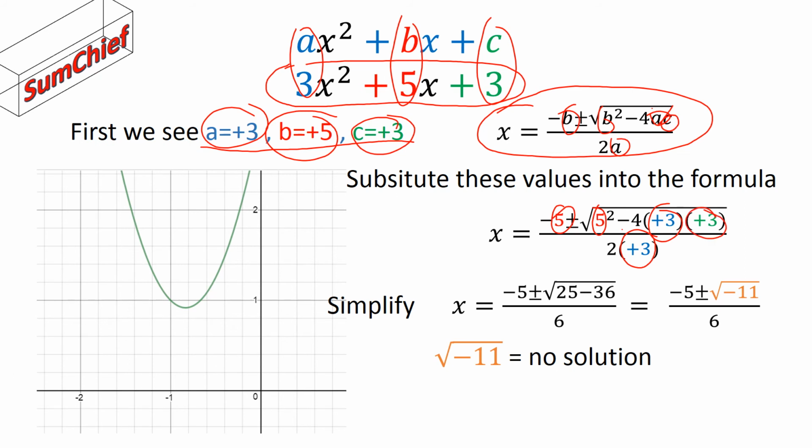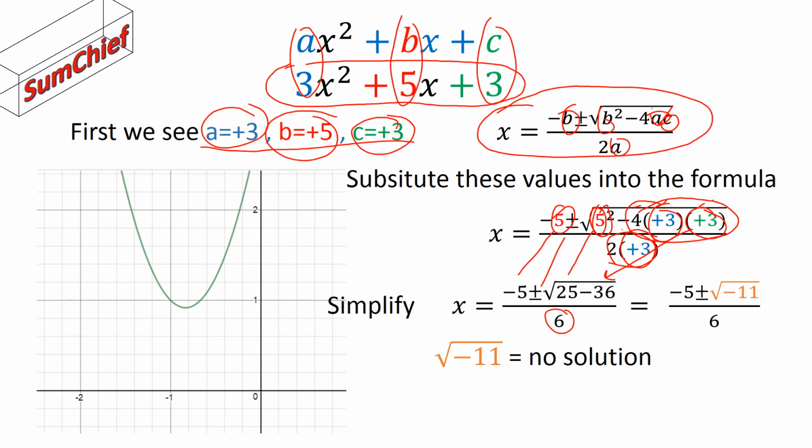Okay, so now what we're going to do is multiply everything out and see where we get to. Tidy everything up. So we've got minus 5, which stays the same, plus or minus, as always, 5 squared, which is 25. Now we work out the 4ac, so we've got 4 times plus 3, which is 12, times plus 3, which is 36. So we plug that in there, and 2 times 3 is 6, so that goes in there.